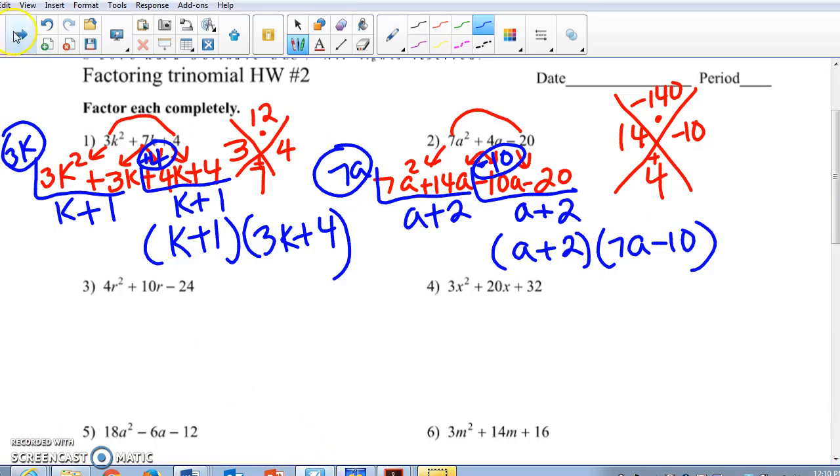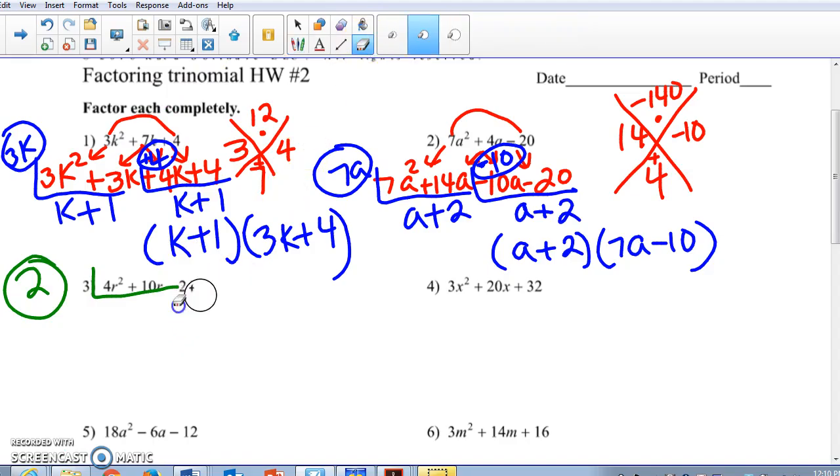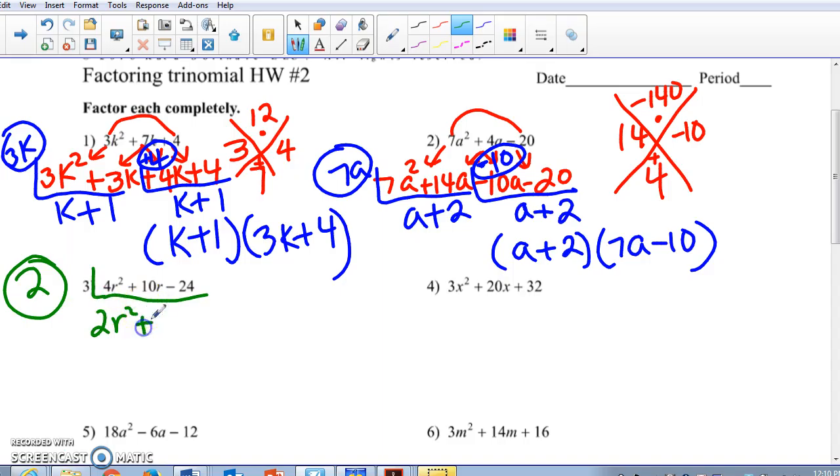What is the greatest common factor of 4, 10, and negative 24? It is 2. I factor out 2 from every single term, and it's going to be 2r squared plus 5r minus 12.